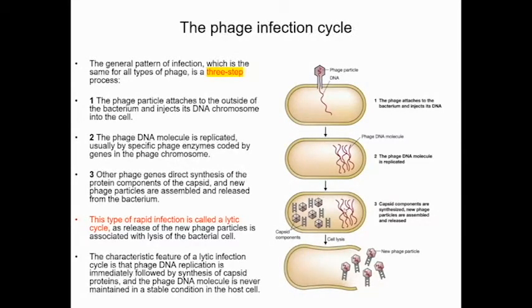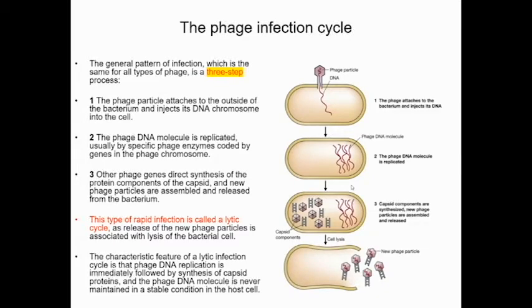And then they express this DNA and produce the capsid protein, and then they package it, and then they lyse the cell and release the new phage particles. So these are the 3-step process for the phage infection.